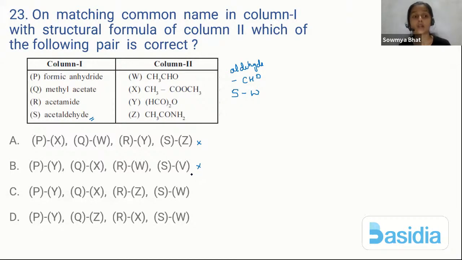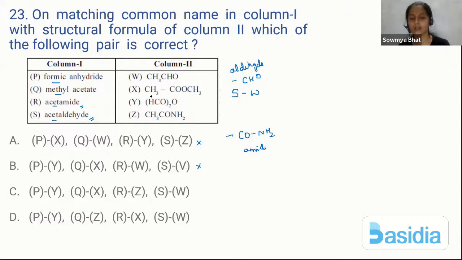Now what else do you know? Amide, that's pretty easy. Amide is CONH2. You need not look at the first names because formic, methyl, all of the given options have different functional groups. So you need not worry about formic, methyl, acid, everything.